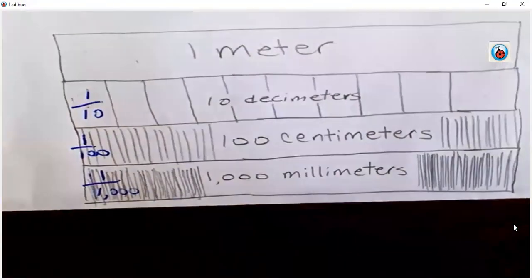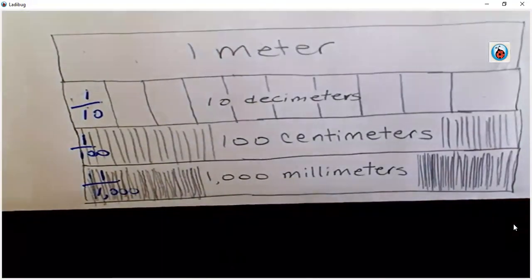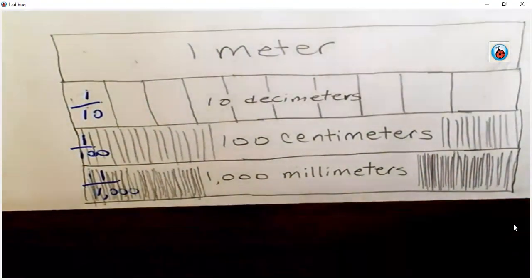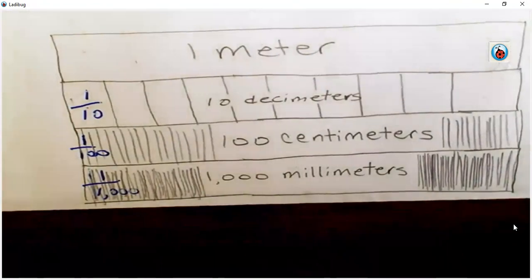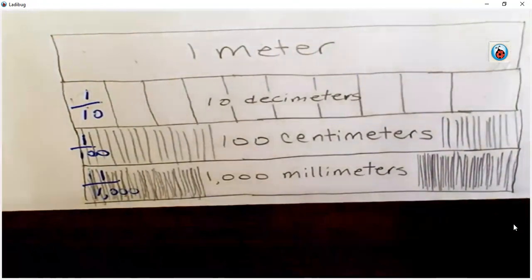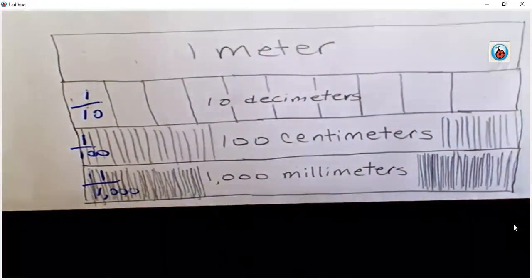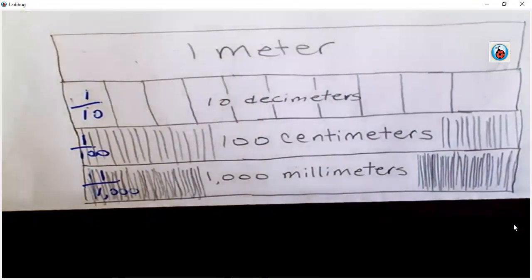Today we're starting the metric units of measurement, and I think that you will find them to be a little bit easier because there's not a lot of memorization of vocabulary, like with the customary measurements that we did in those prior lessons. Customary is used in the United States, and it's kind of tricky because you have to memorize a lot of different words and terms.